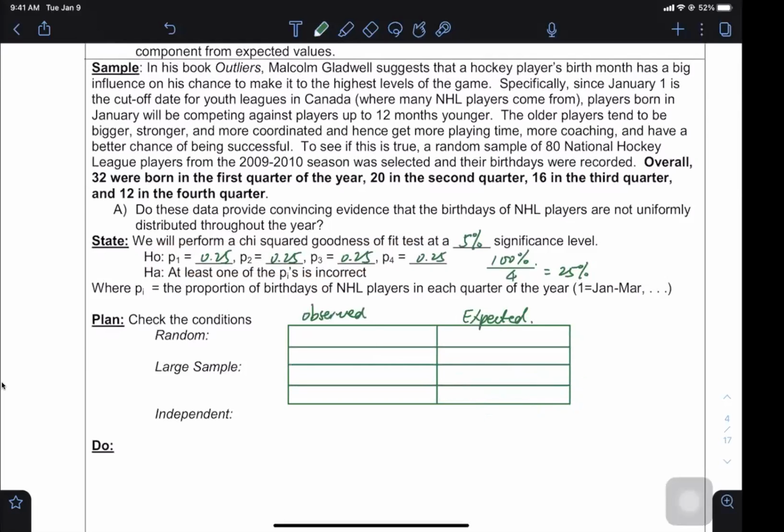Okay, so the observed counts for the first group is 32, for the second group is 20, 16, and 12. And the expected count is by multiplying the total by the proportion.